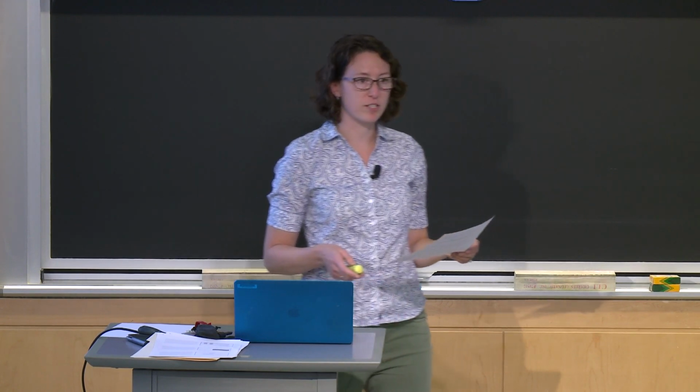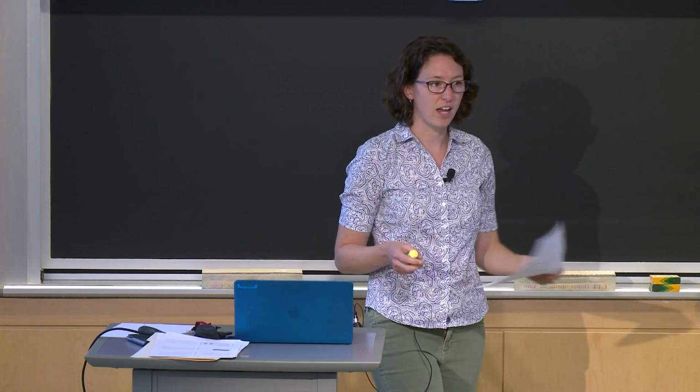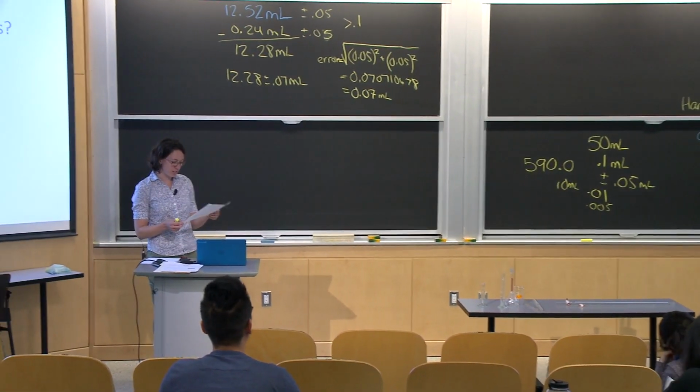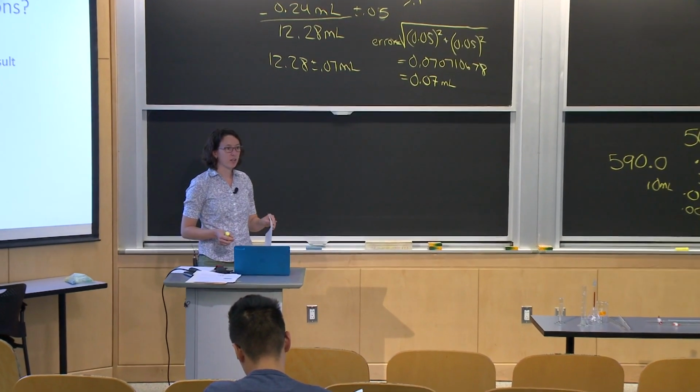And we'll just do it for the first trial, and then if you guys want to have more practice, you can do it for the others afterwards. So if we're going to set up this calculation for the concentration of the HCl solution, where would we start?